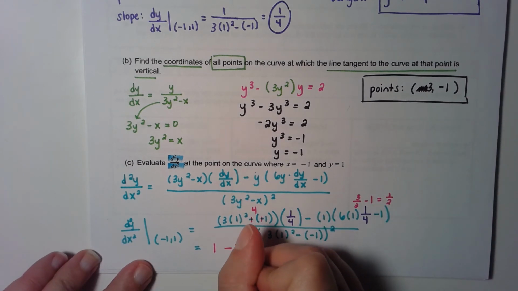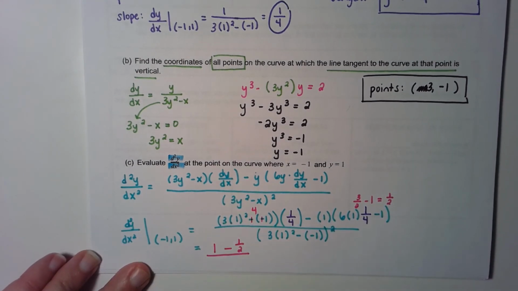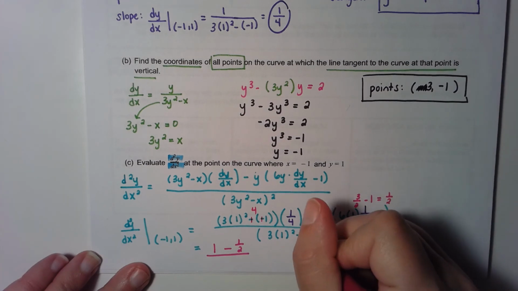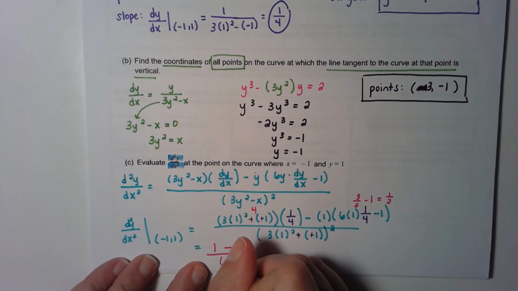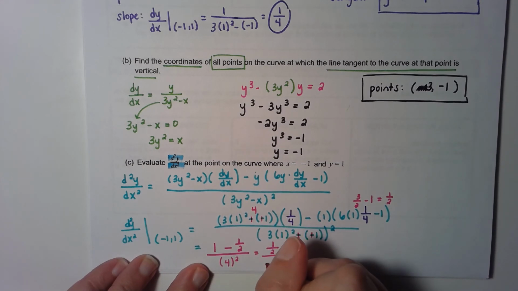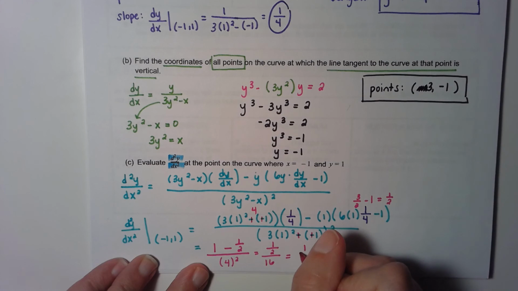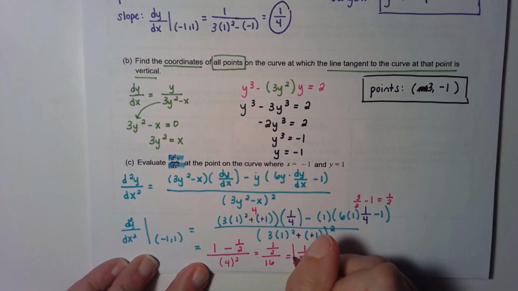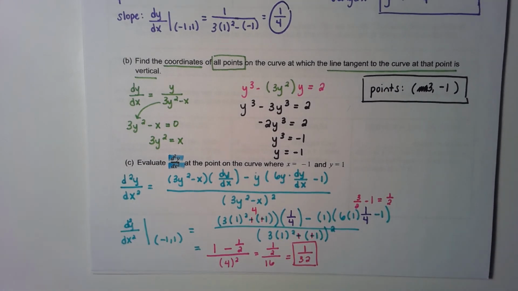So 1 minus 1/2 over 3 plus 1 is 4 squared, which means we get 1/2 over 16, which is 1 over 32. And that would be your answer.